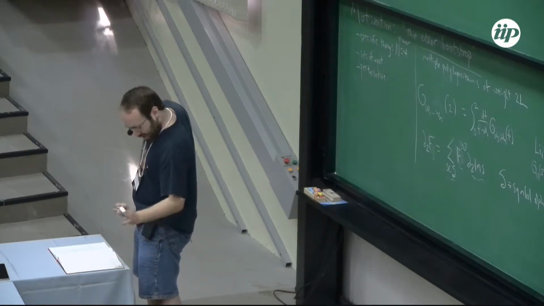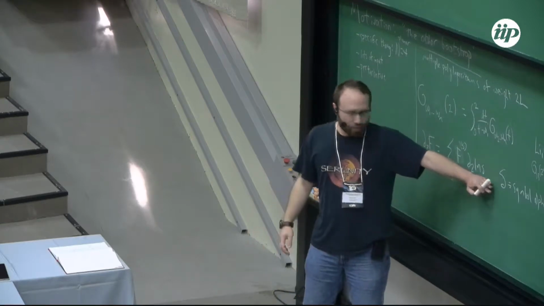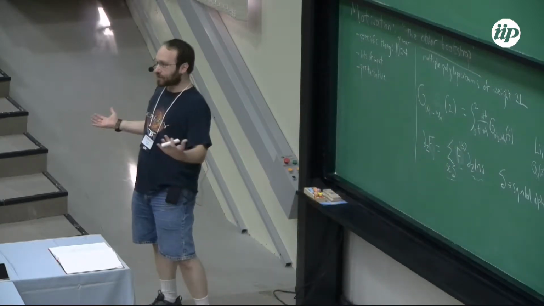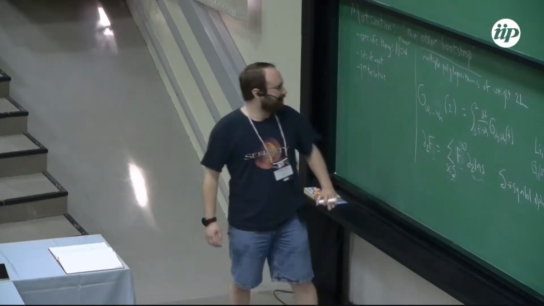Okay. But the idea is, once we've got some idea about the appropriate alphabet for, say, an amplitude, we can start building up functions with this property.